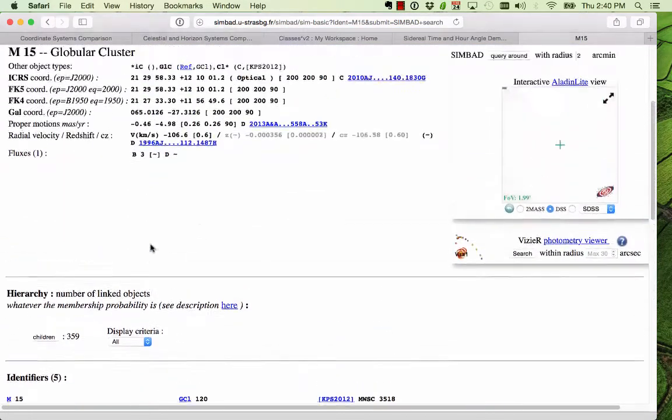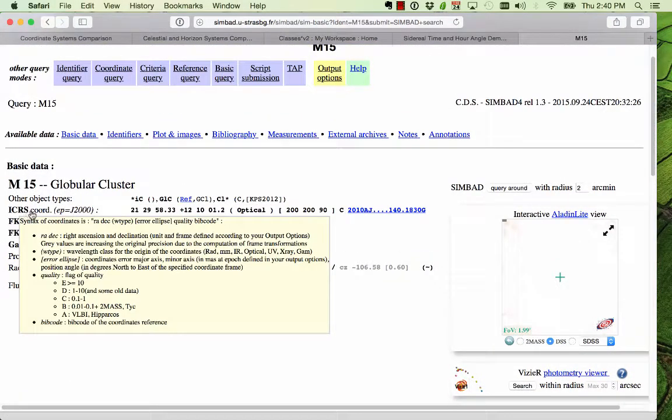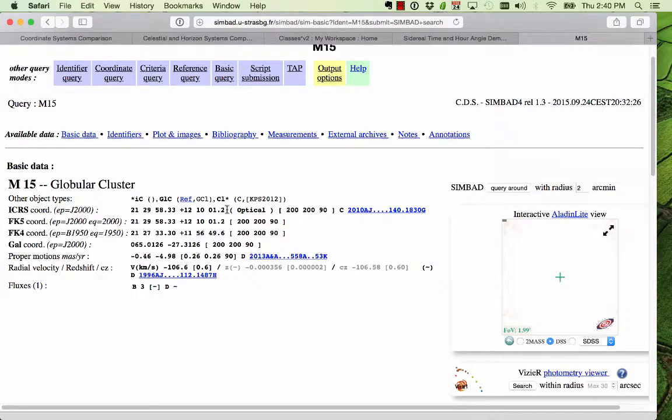There's a lot of information here, but I just want this first line, the coordinates, right ascension and declination. This is the right ascension here, 21 hours, 29 minutes of time, 58.33 seconds of time. And then the declination here is 12 degrees, 10 arc minutes, 1.2 arc seconds, positive. So that's north of the celestial equator.